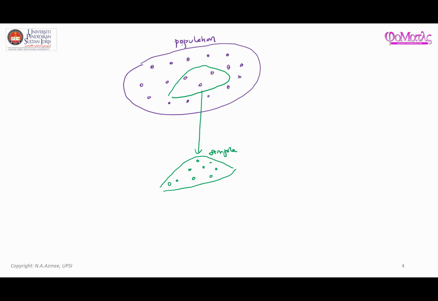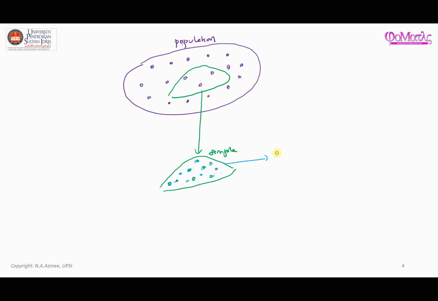Right. Now, when you study samples, let's say you are able to use all the elements in the sample. So let's say you are able to take all these results and you do some sort of measurement.